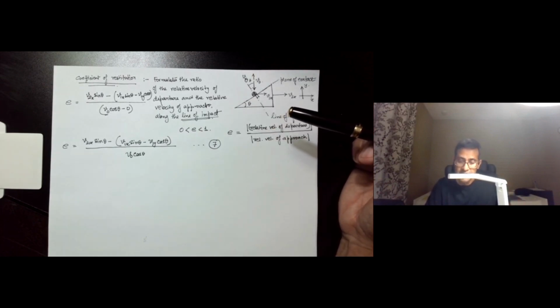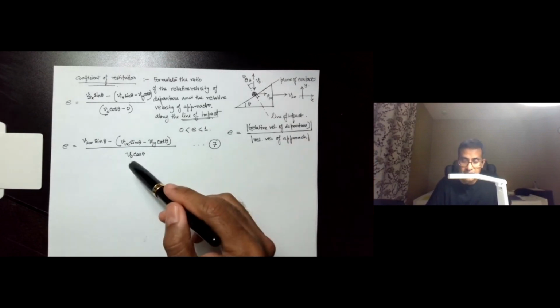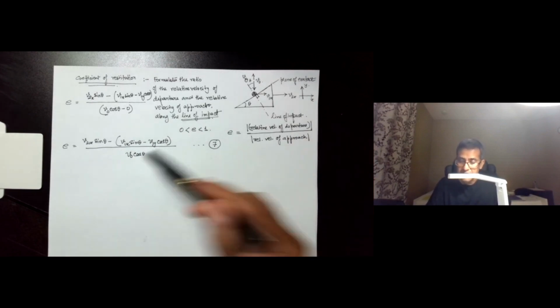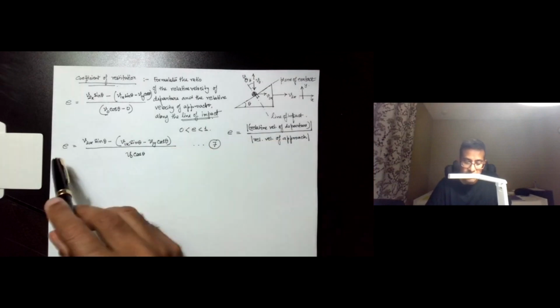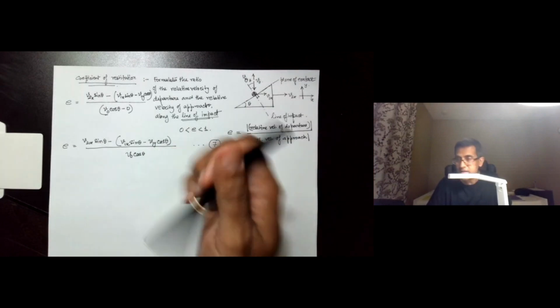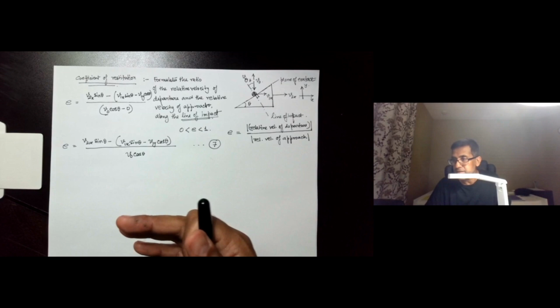So the denominator would have been equal to 0, and we would have E equals some division by 0 condition, which would be an incorrect equation. It's just a verification that indeed your coefficient of restitution equation must be written along the line of impact.